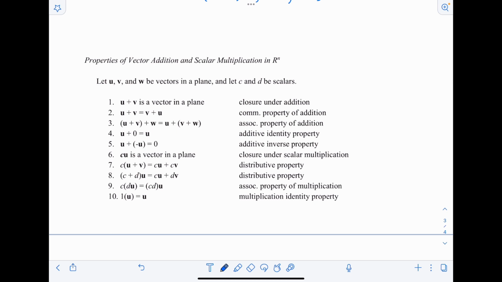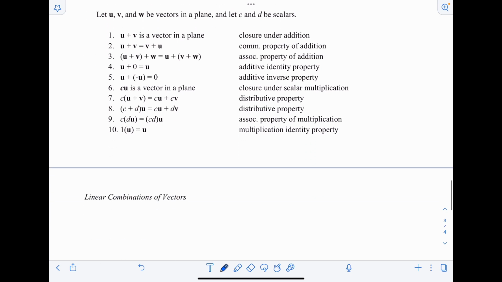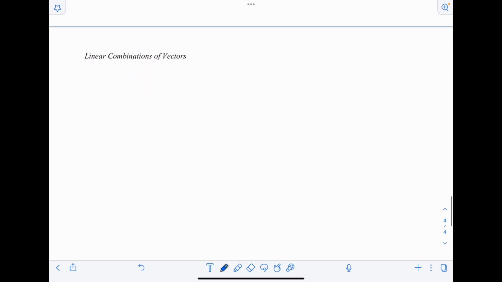Down at the bottom, we've got the multiplication identities, things like that. So these are just all things that hold true for vectors, much like they held true for matrices. And similarly, obviously, if I'm going to add two vectors together, they have to be in the same n space, things like that.